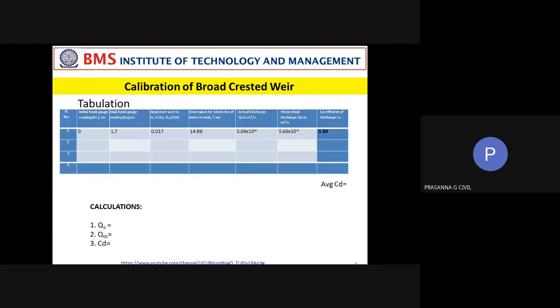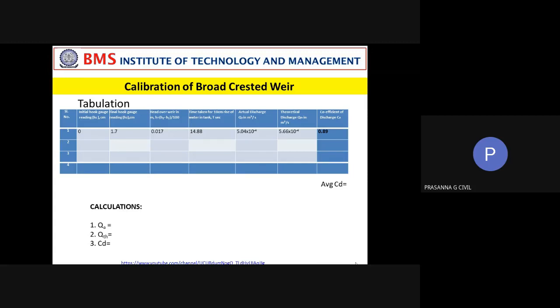Coming to the tabulation part, the first column, the initial hook gauge reading, is measured at the top of the broad-crested weir, and we take the measurement such that the top of the crest is taken as 0 reading, so that the head over the crest can be measured as the final hook gauge reading, which is recorded as 1.7 centimeters.